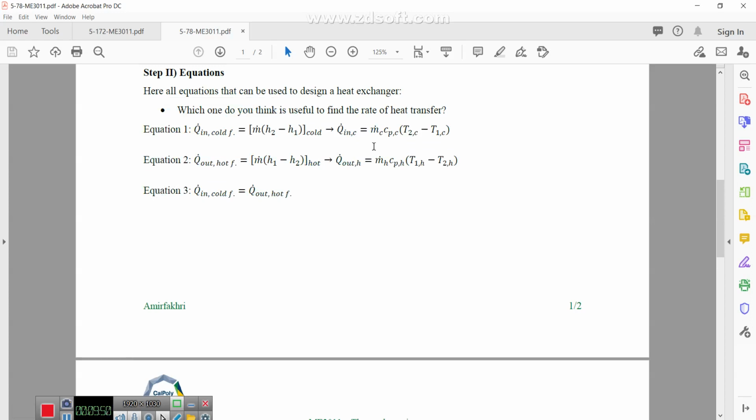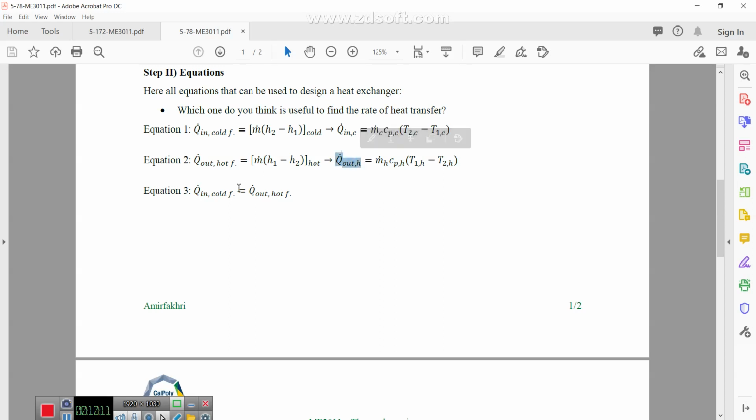Okay, guys, so if you check, the first equation is the only equation that includes the unknown parameter, I mean, the exit temperature of cold fluid. So you must use this equation, correct? But keep in your mind that you already determined the Q dot for the hot fluid, correct?